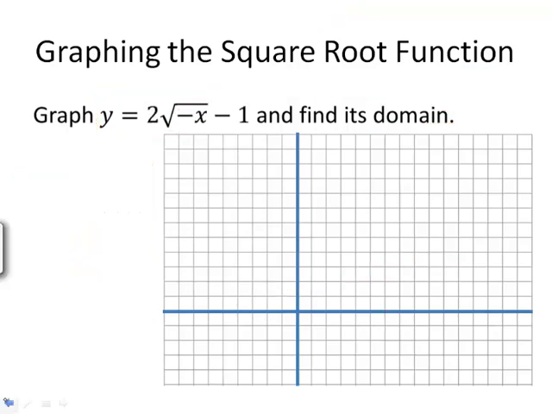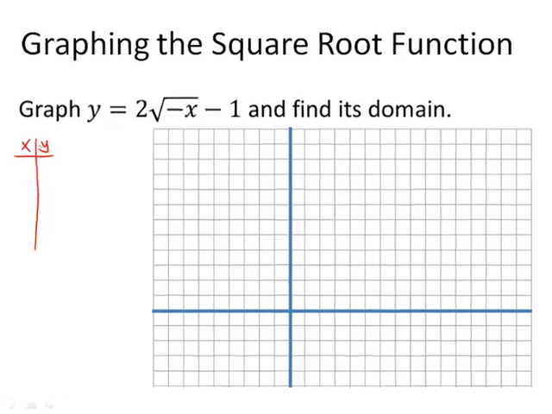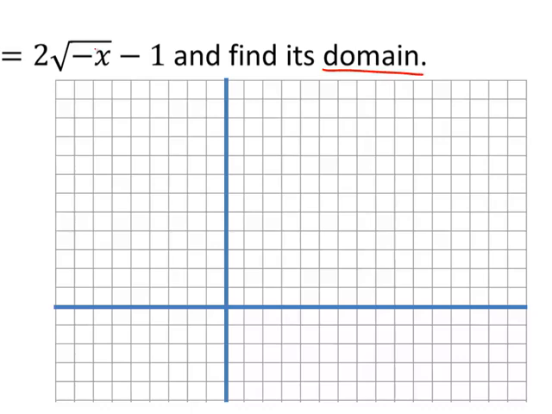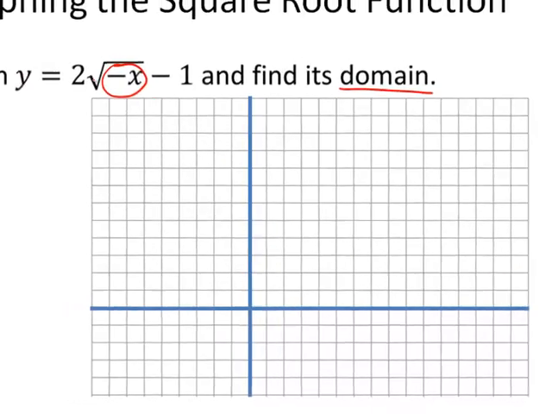So let's look at another example. Here we have more going on. We have numbers all around the root. So let's start playing with some x and y values. Now, the domain, remember, is going to only be affected by what's under the root. Whatever is under the root cannot be negative. In this case, you have negative x.